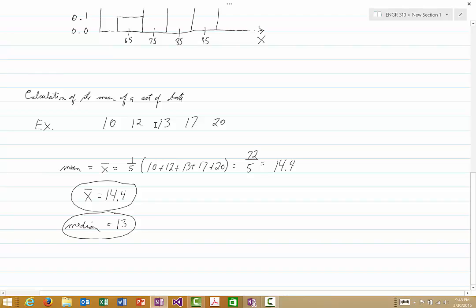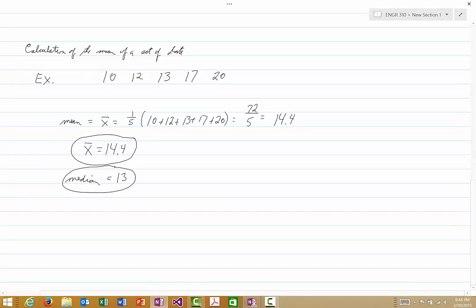So for instance, just to make sure that point is clear, let's say, just to keep this easy, the median of 10, 12, 13, 17, 20, 21.